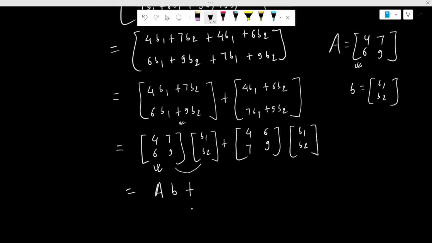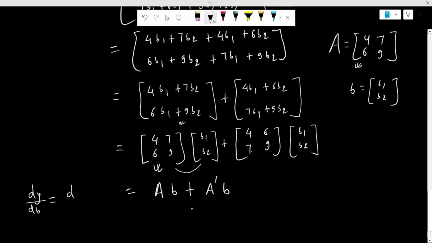And if we compare the result again with matrix A, this is simply A transpose, and here again we have beta. So this was our derivative of y with respect to beta, where y was equal to beta transpose A beta, and we got this result.